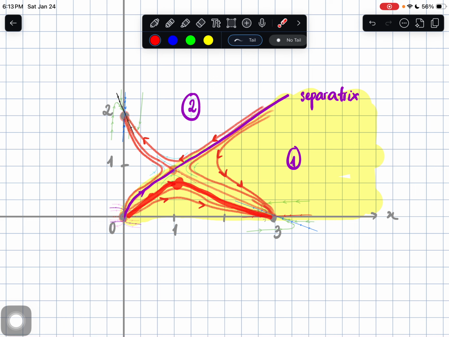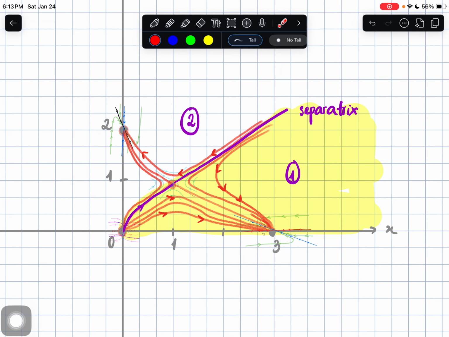So the population of the 2 species will eventually go to this critical point, so that only X survives. All of Y will die out.